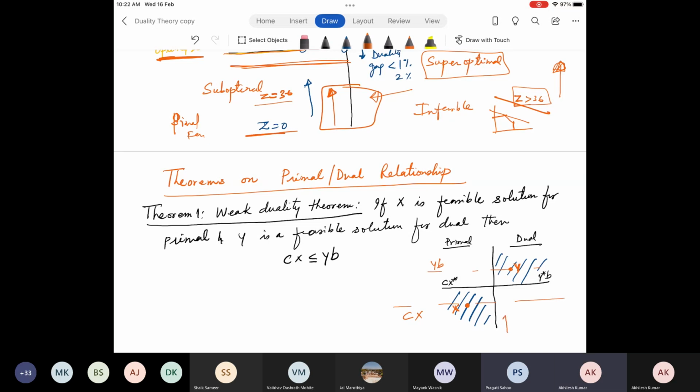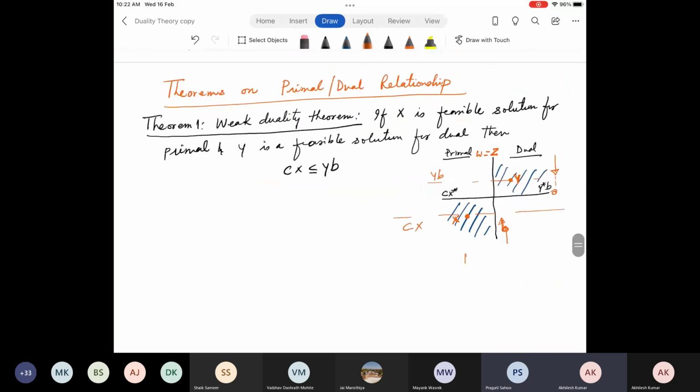This is the direction in which the values of G or W increase, since G equals W. The dual, since it is a minimization problem, starts with a higher value of W and comes down to a lower value, which is the minimum.